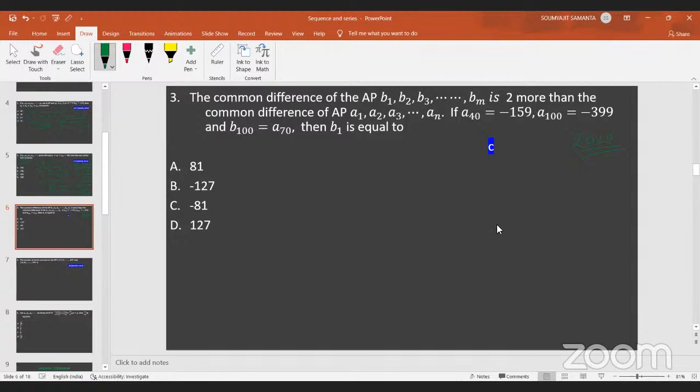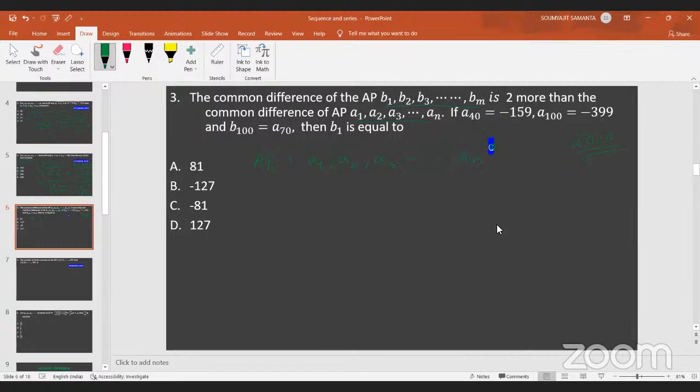It is given that the common difference of the first AP is 2 more than the common difference of the second AP. So let me consider AP1 as A1, A2, A3 dot till An.